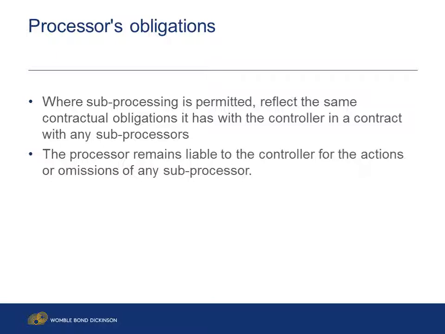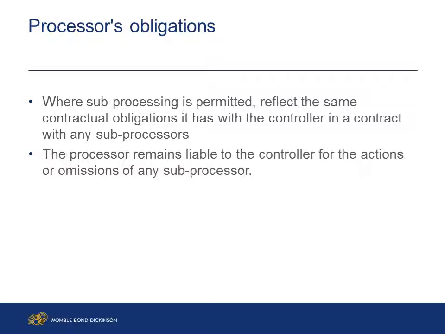That prior consent may be specific or general. Where general consent has been given, the processor must inform the controller of any intended changes, including the addition or replacement of sub-processors, giving the controller a right to object.